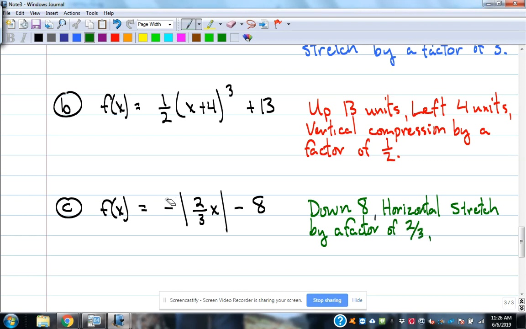One more thing happening: that minus sign that's outside there. What does a minus sign on the outside do? It's going to reflect across which axis?